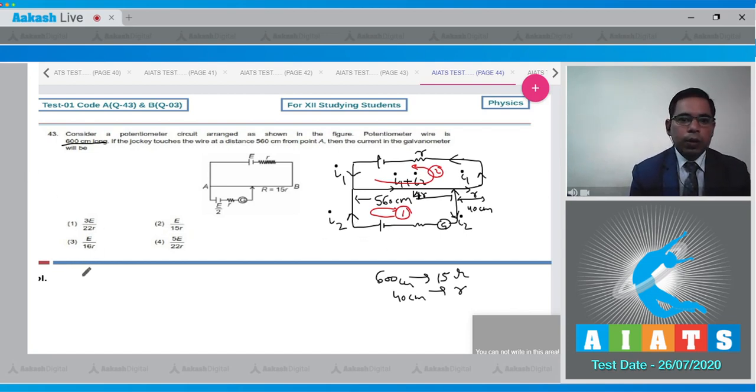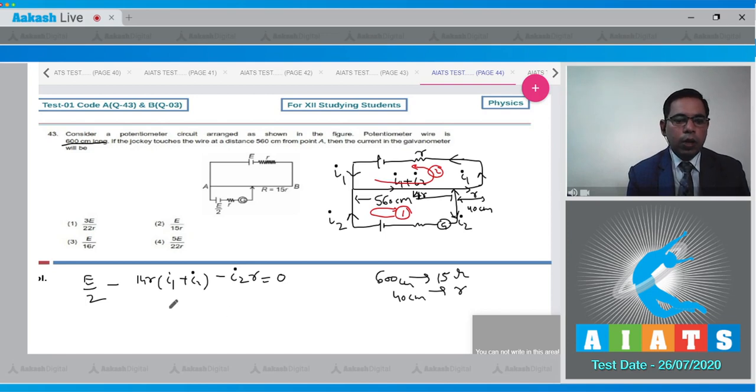In loop 1 this will be E by 2 increment, that means minus 14R into (I1 plus I2), and now here this will be minus I2R equal to 0. After solving, we will get the equation as 14 I1R plus 15 I2R equal to E by 2. Let this be equation number 1.